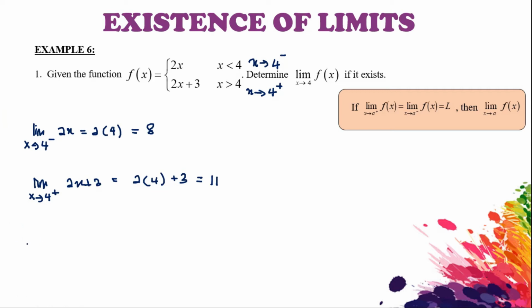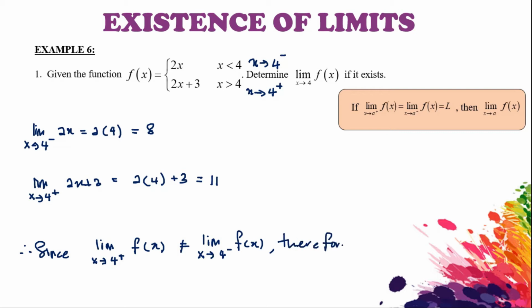So therefore, we can conclude that since the limit of f(x) when x approaches 4 from the left is not equal to the limit of f(x) when x approaches 4 from the right, therefore the limit of f(x) when x approaches 4 does not exist. Make sure to write your conclusion in your answer.